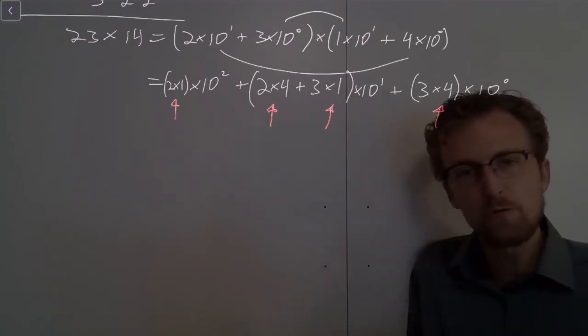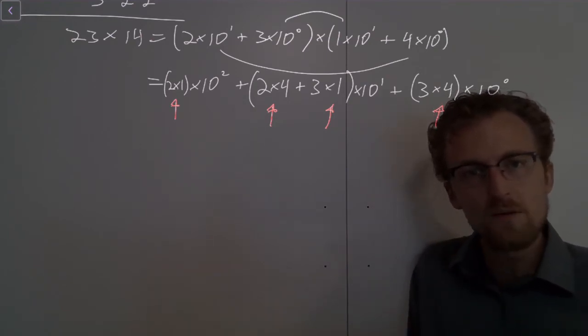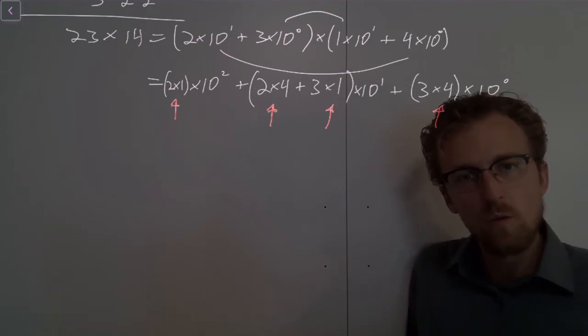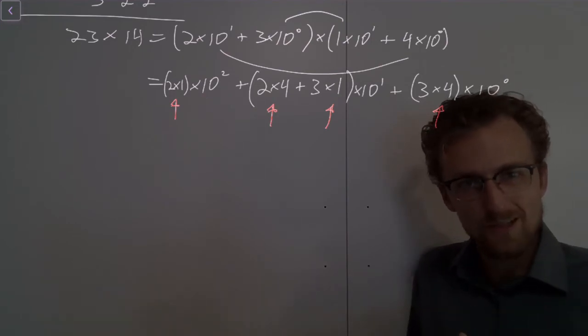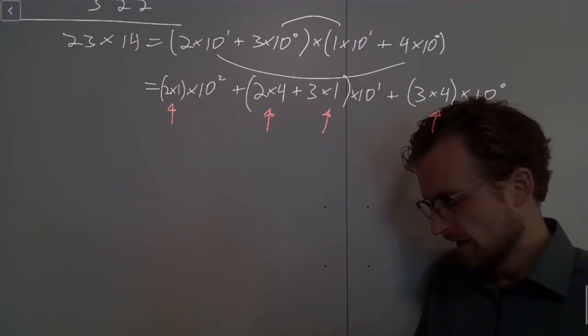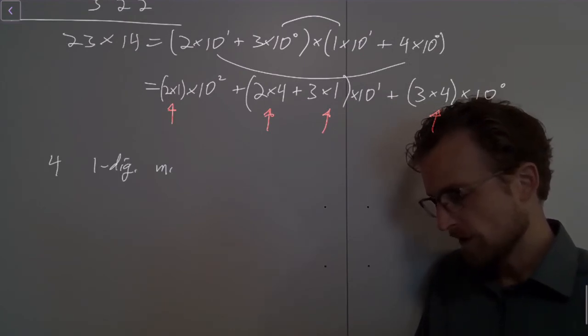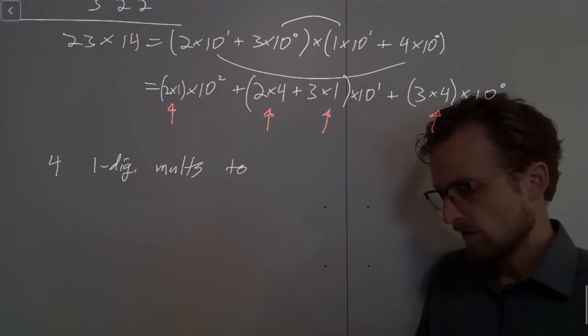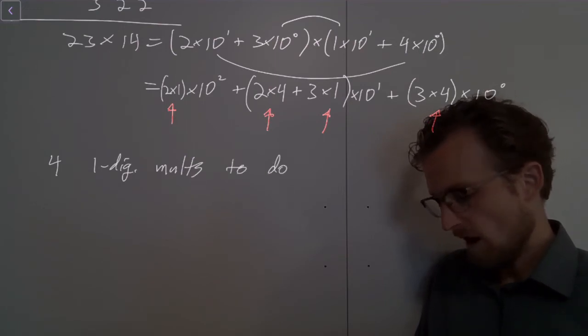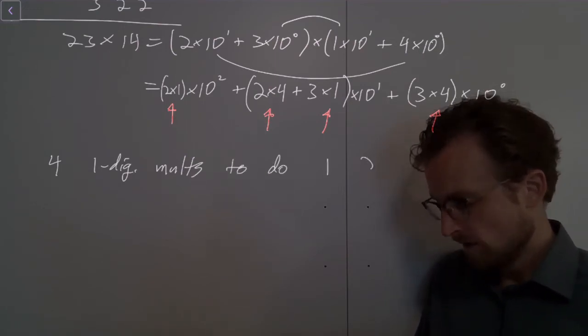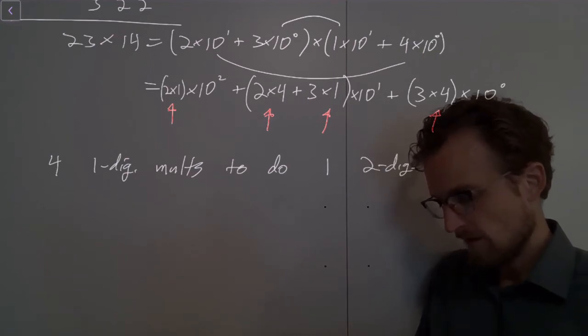Okay, so I perform 4 one-digit multiplications to do 1 two-digit multiplication.